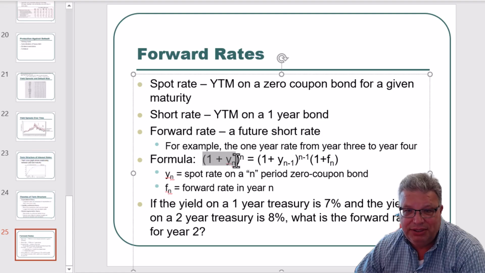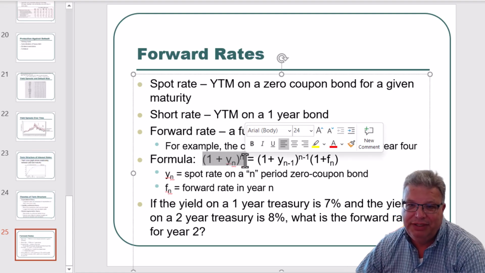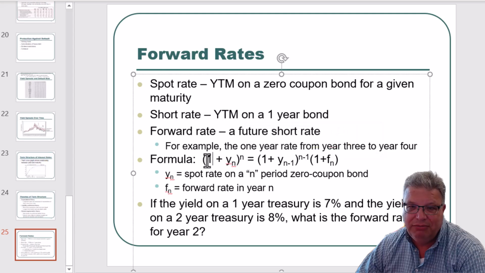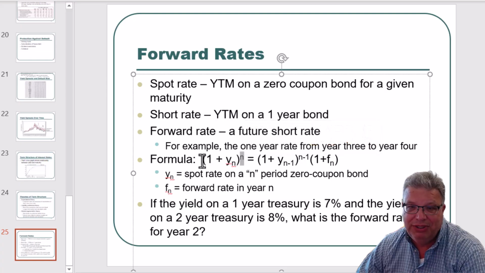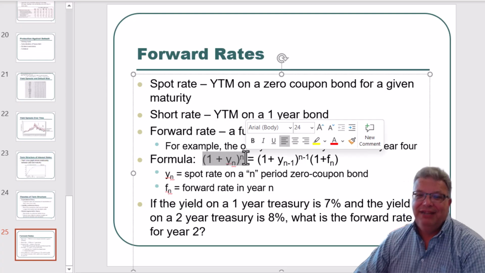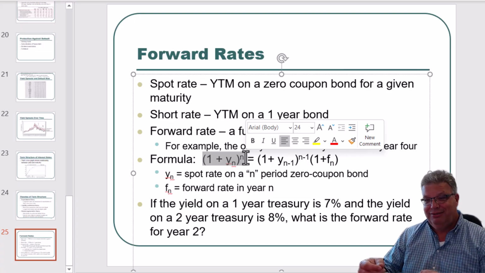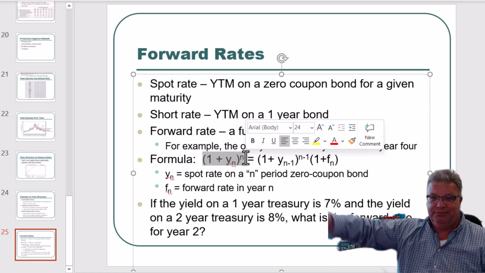So it's the zero coupon bond out a certain number of years, and you see we're multiplying by 1 plus the yield to maturity, the return compounded for a certain number of years. So what this tells us is the compounded return that we would get if we buy a spot rate for a certain number of years.